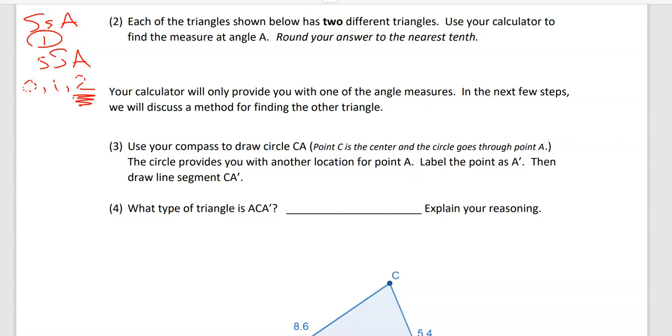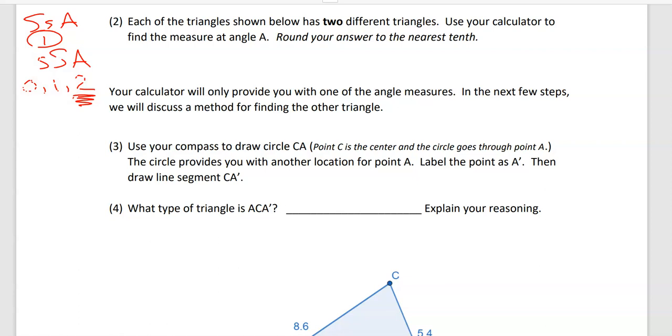When we compared the two answers, the two angles added up to 180 degrees, so they were supplements of each other, called supplementary angles. As we work through this activity, keep in mind that hopefully there are patterns here that will help us understand if there are two triangles. If you find the first angle, what's the second angle? What's the second triangle going to look like?